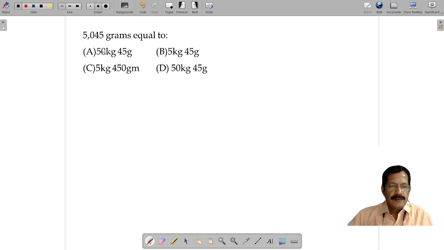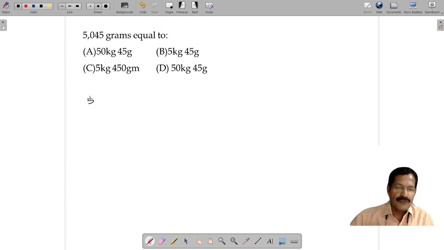Children, this question is a conversion type question, that is grams and kilogram. 5045 grams equal to: option A 50 kilogram 45 gram, option B 5 kilogram 45 gram, option C 5 kilogram 450 gram, D 50 kilogram 45 gram.